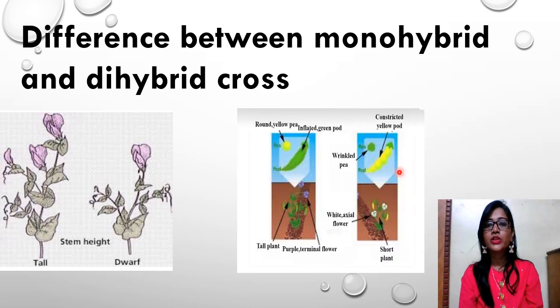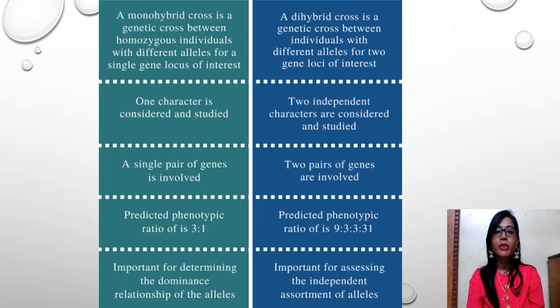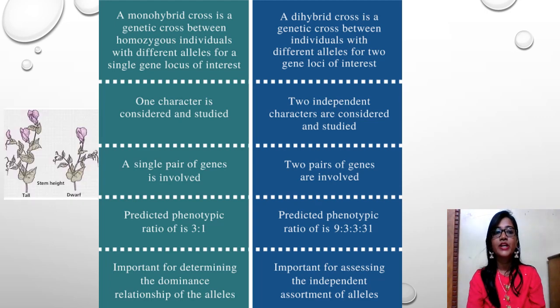So what is the difference between a monohybrid and a dihybrid cross? Here we are going to observe the same images again. Consider this one plant, Pisum sativum, which is observed in the next image also. The difference is that in the monohybrid cross, we talk about one character, that is stem height of the plant.